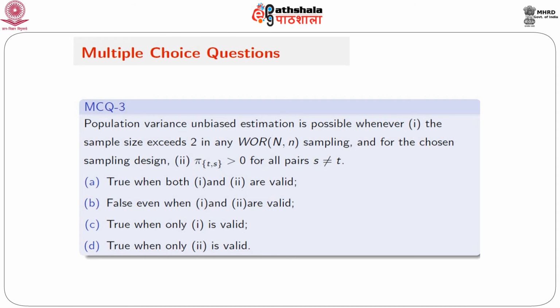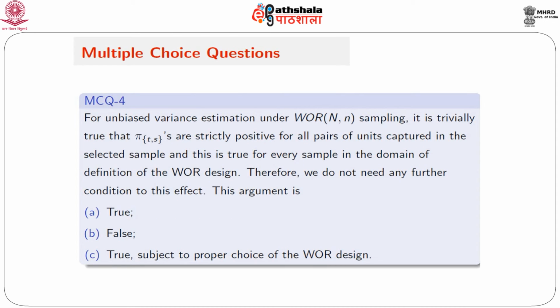Okay, there is one more. For unbiased variance estimation under without replacement sampling, it is trivially true that pi TS's are strictly positive for all pairs of units captured in the selected sample, and this is true for every sample in the domain of the definition of the without replacement design. Therefore, we do not need any further condition to this effect.